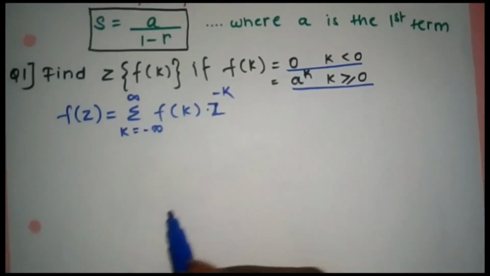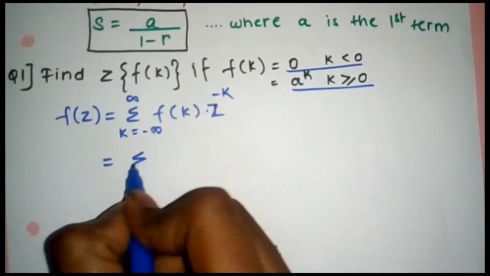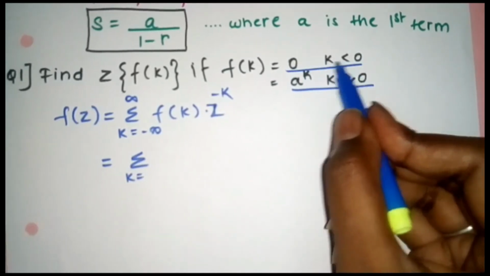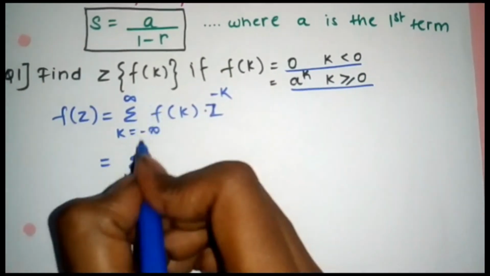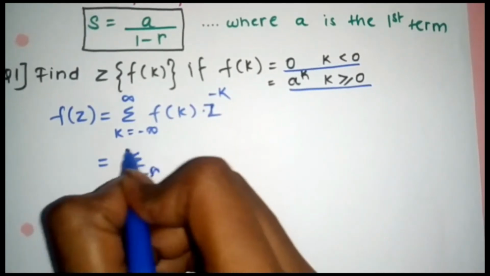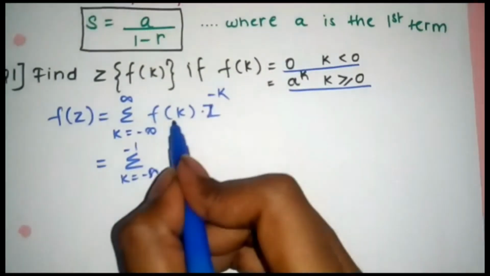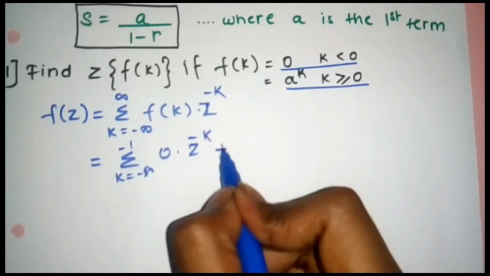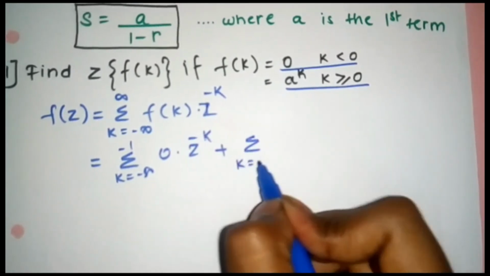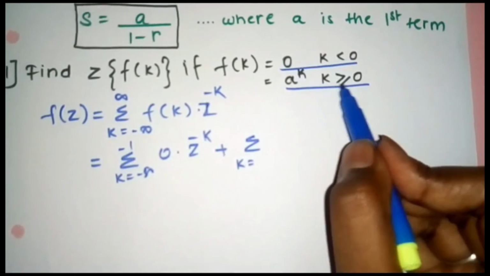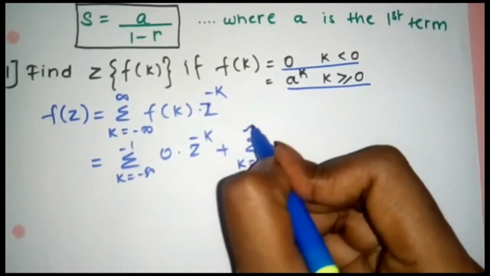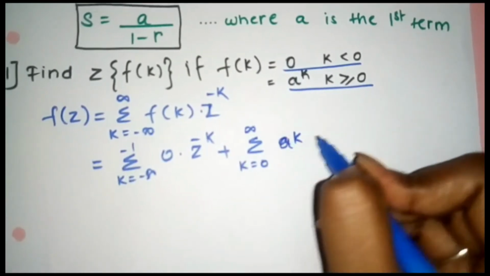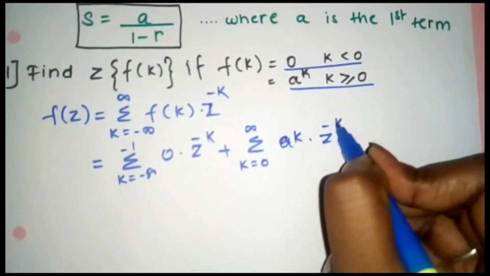So for 0 we will write summation of k from minus infinity to minus 1, in place of f of k we will write 0, into z raised to minus k, plus now we will write a raised to k. So k goes from 0 to infinity, and in place of f of k we'll write a raised to k into z raised to minus k.